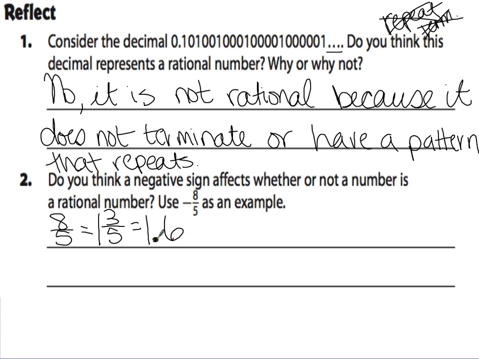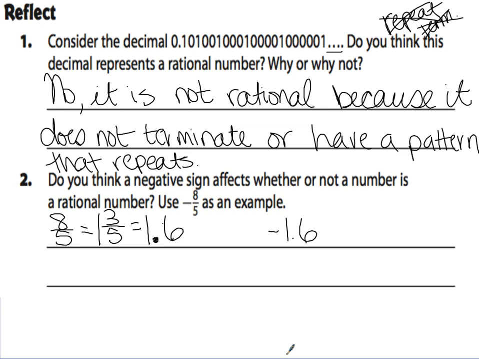Well, now if it's negative, does that change this at all? Outside of changing it to a negative 1 6/10, it doesn't change the fact that it still makes one whole group with 3 extra pieces. All it changes is the fact that now it's no longer positive, it's negative. And rational numbers can be negative or they can be positive.